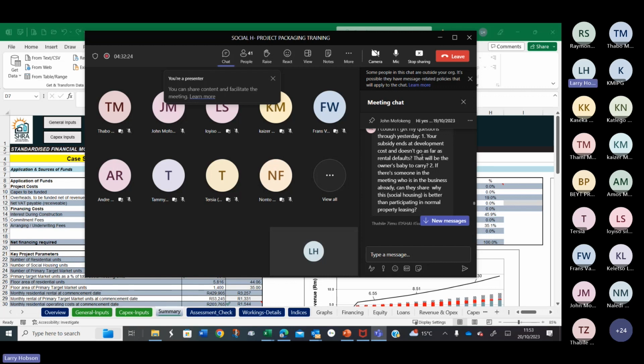Rental defaults are the responsibility of the SHI, whose responsibility it is to get the right kind of tenants into the property. Try not to get people in who are going to organize rent boycotts, all of that kind of stuff. So be careful about who you choose as your tenants. There's no bailout for that.